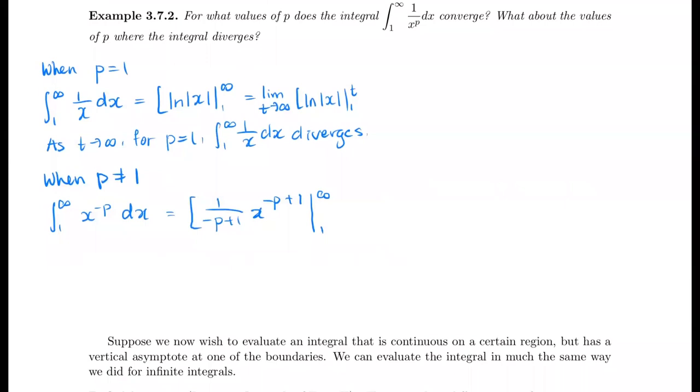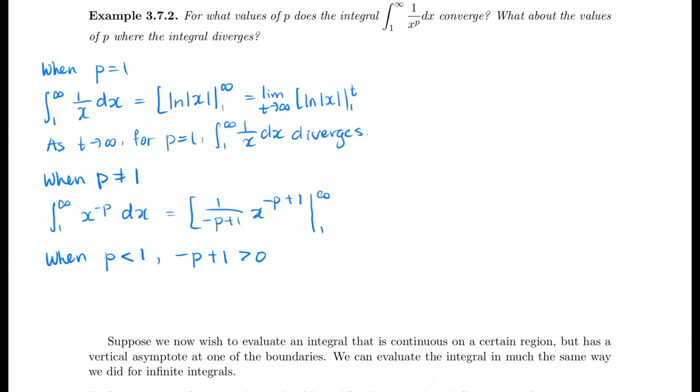When p is less than 1, that means the exponent here is going to be positive. So that means negative p plus 1 is greater than 0. And what happens when the exponent is positive? For example, say x squared.